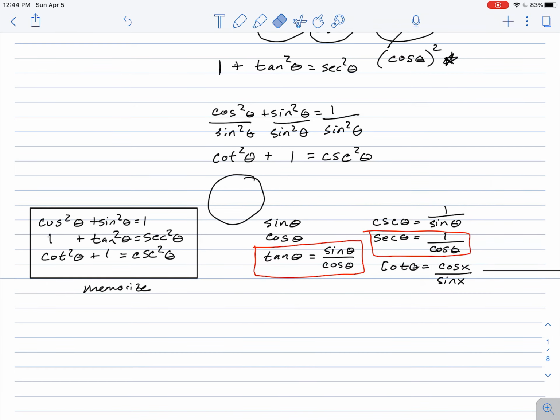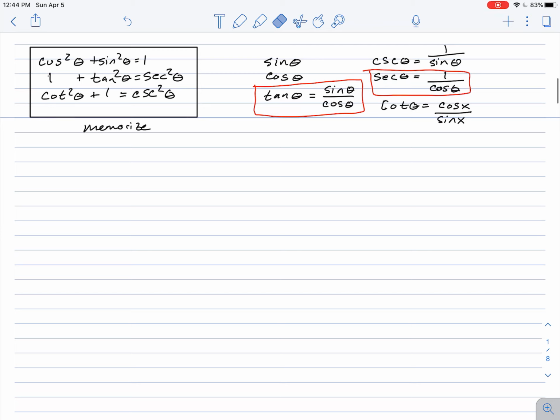Okay. And erase the guys that came along for a ride there. All right. So here's your game plan for these homework problems. You have options. The first option when simplifying an expression is to rewrite everything in terms of sine and cosine.